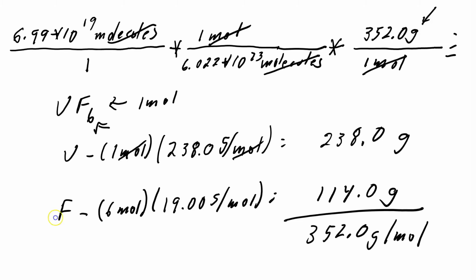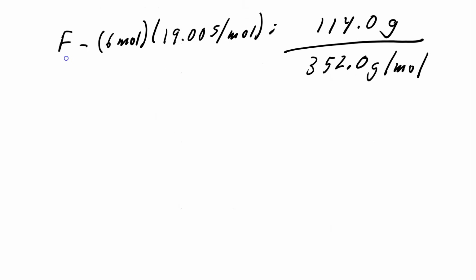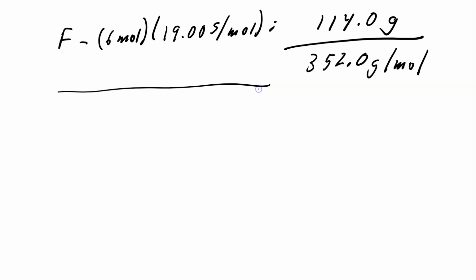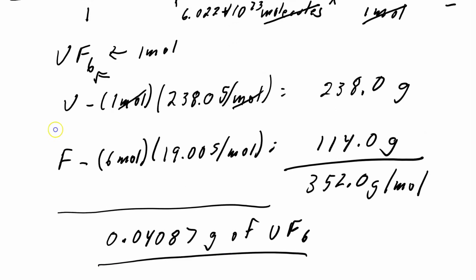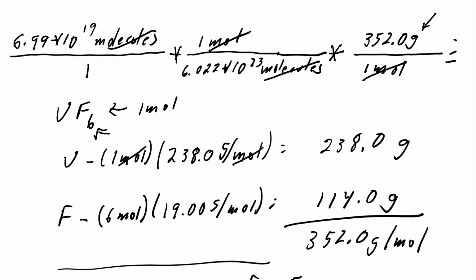So now I'm going to scroll down here to write our answer. And if you do the math, turn on your calculator, you should get a value of 0.04087 grams of UF6 in the number of molecules given. So this is our answer. We do have 4 significant figures. I'm sorry, we don't. We have 3 significant figures.